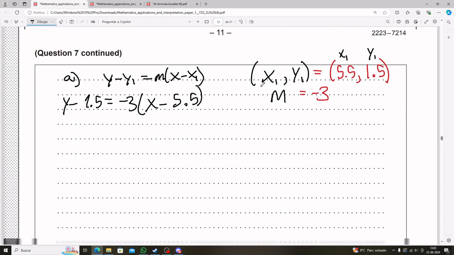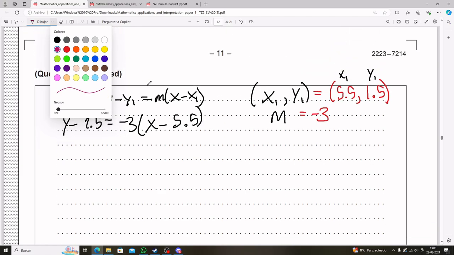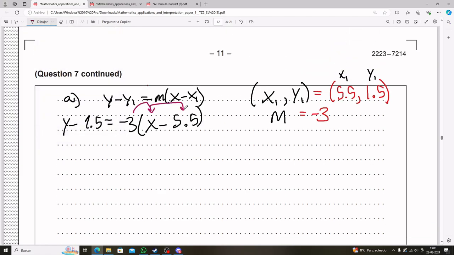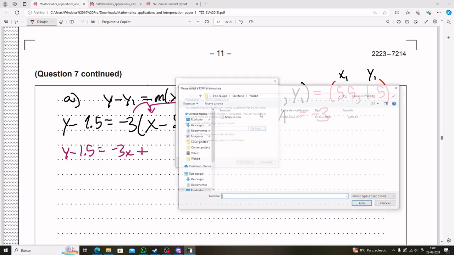So, from here, the first step that I like to do, okay, is that I distribute, see? So I end up with y minus 1.5 equals -3x plus -3 times that. Now -3 times that, I could do it by hand, but why would I?